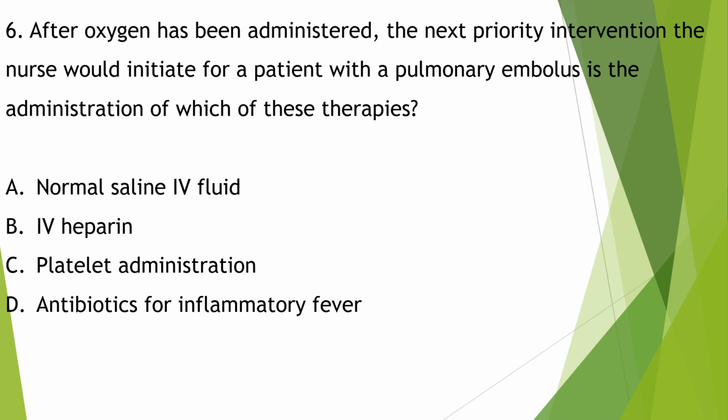So here IV heparin is to be given. And later on when the patient is getting discharged, the anticoagulation continues with warfarin or Coumadin. And also IV fluids are indicated for the patient, but the first priority is IV heparin. Platelets and antibiotics are not indicated.